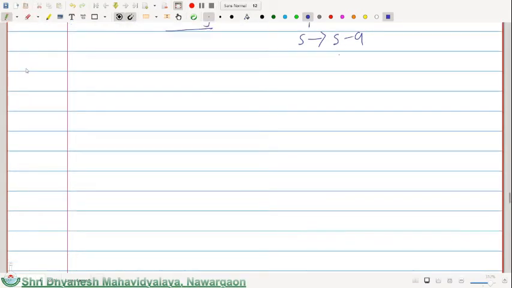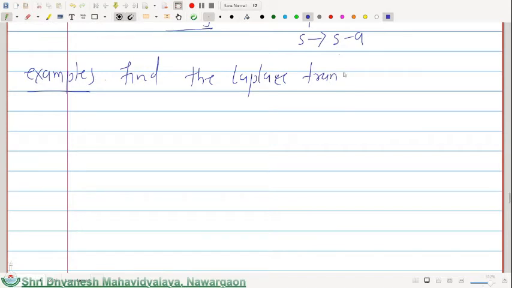Examples: find the Laplace transform of the following functions.